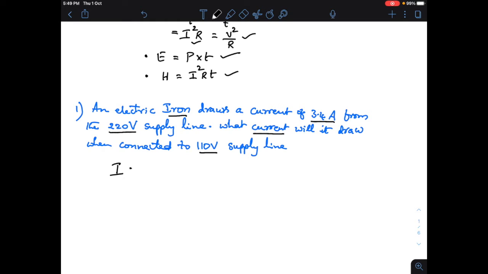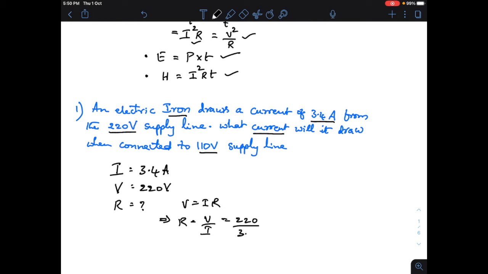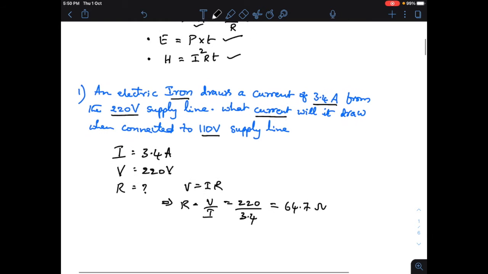I is given as 3.4 amperes, V is given as 220 volts, and we need to calculate R. From Ohm's law we know V is equal to IR, from which R is equal to V by I. That is equal to 220 by 3.4, and when you calculate this, it comes to 64.7 ohms. The unit of resistance is ohms.